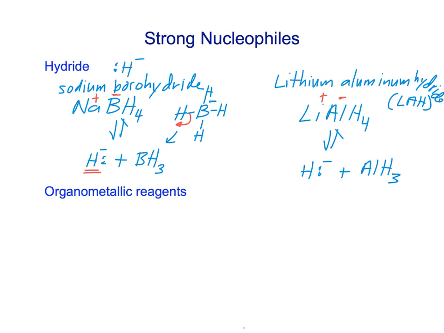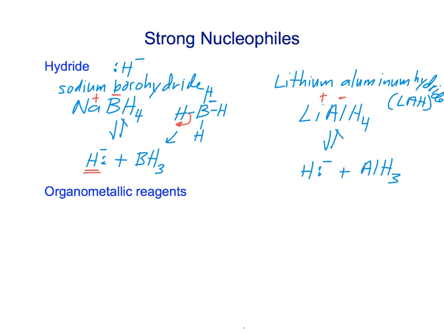So how does the electronegativity of boron and aluminum compare? Which one is more electronegative? Boron, because remember the trend for electronegativity increases going up and to the right. So we're going up. Because aluminum is more electropositive, these aluminum hydrogen bonds are more polar, with more electron density on the hydrogen.